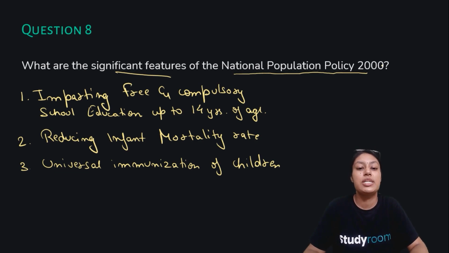Second, reducing the infant mortality rate, meaning infant death rate, and improving healthcare management so that the babies that are born will not die. Third, universal immunization of children, as children are considered the future of the country. So it's important to immunize them. All the vaccination and immunization has been taken into consideration in National Population Policy 2000.